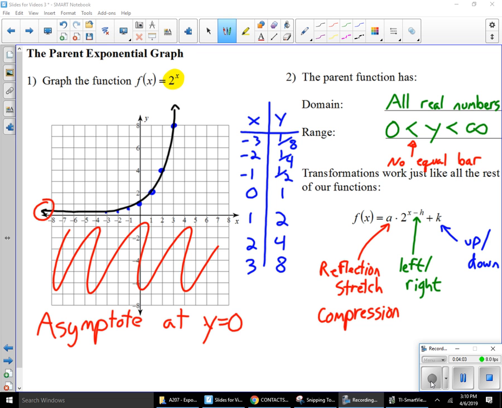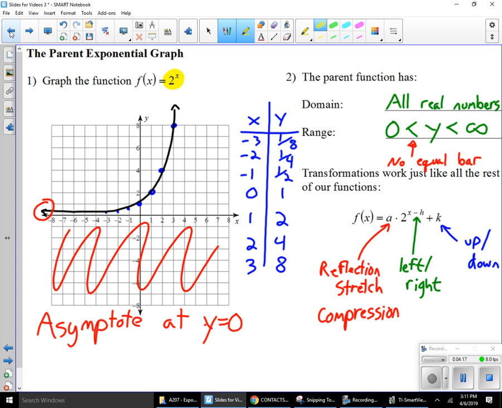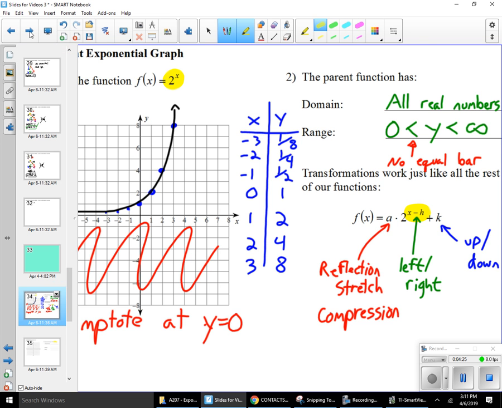So let's take a look at 1, which is actually marked in number 3. And note that this is our function. So if we're looking at it, there are a couple of transformations here. There's that +2 in the exponent spot. So that's going to be a horizontal transformation. And remember, it's the opposite of what we expect.